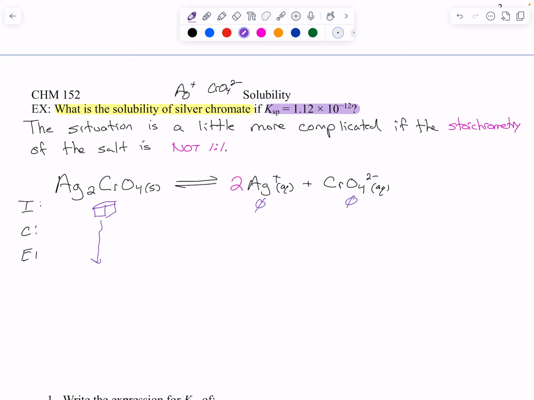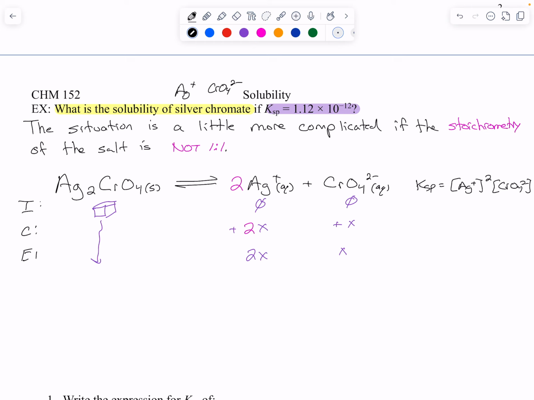It's been plus x and plus x, but it's actually 2x here, right? So at equilibrium, we got 2x and x. The Ksp expression is silver ion squared times chromate. All right.